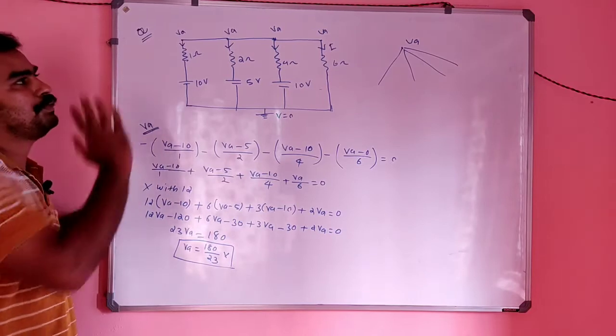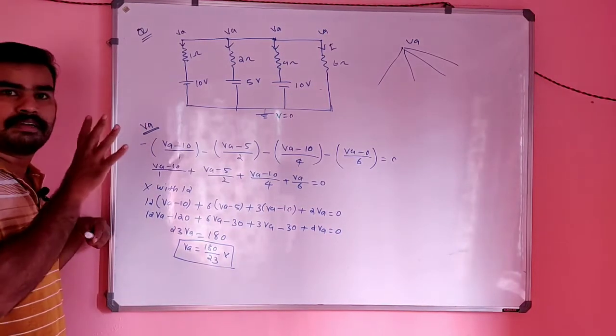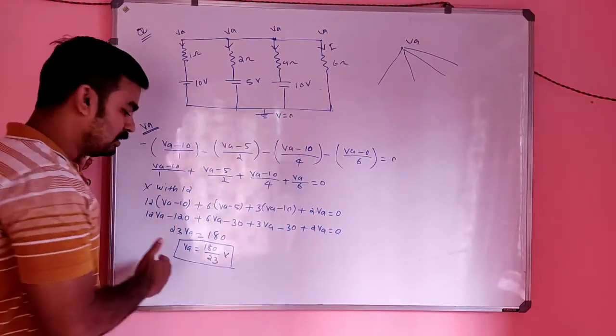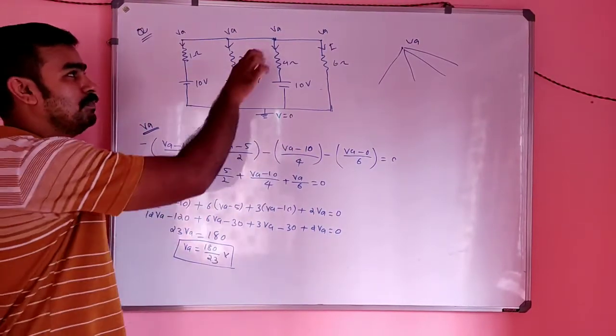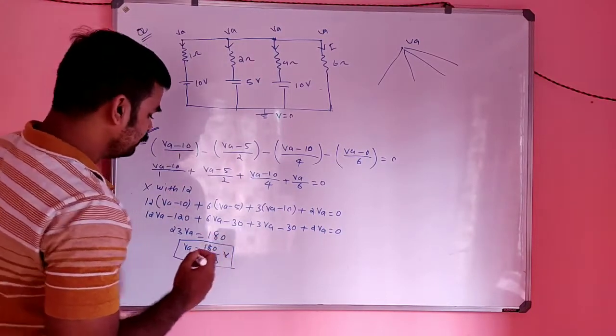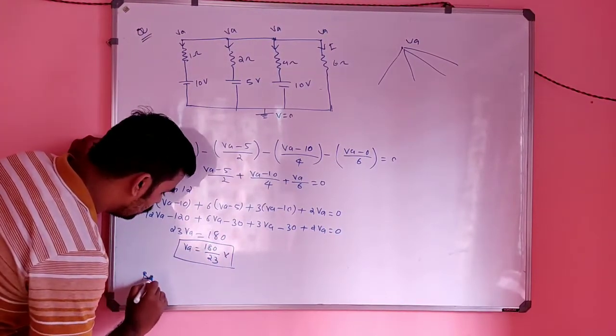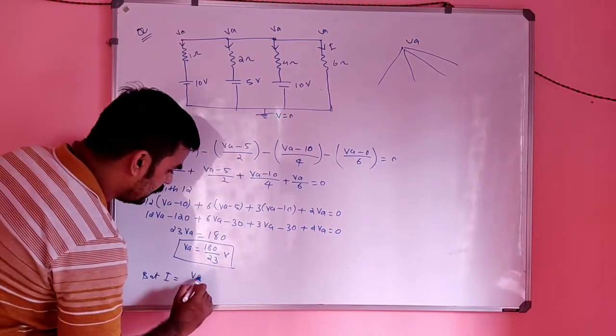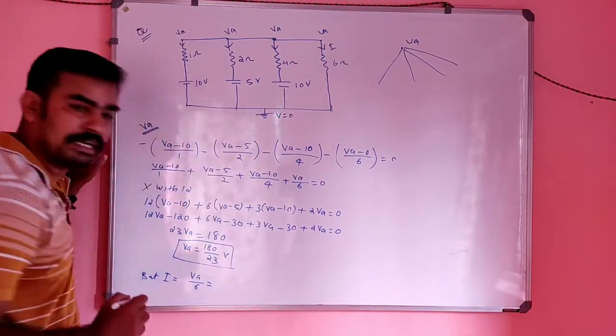Now you have the value of VA, but this is not our end. We have to find the value of I. Our aim is to find the value of I, no? I will be equal to VA divided by 6, no?